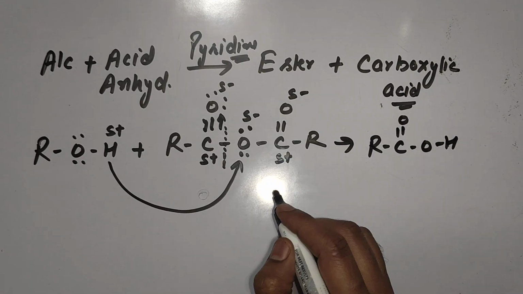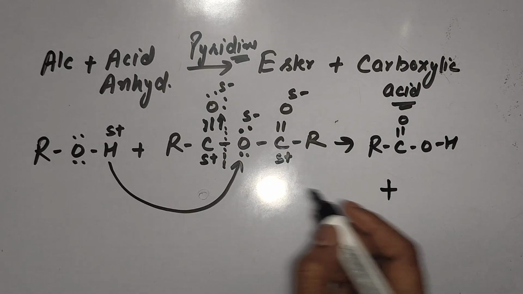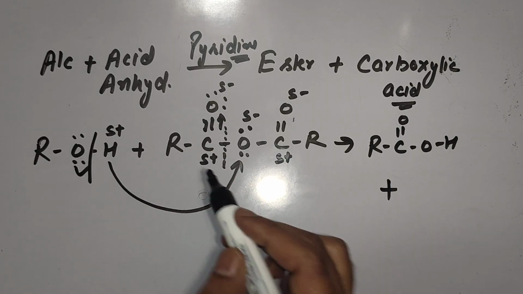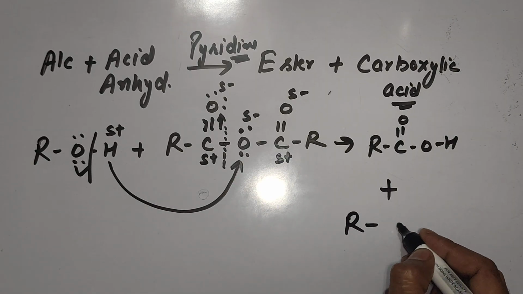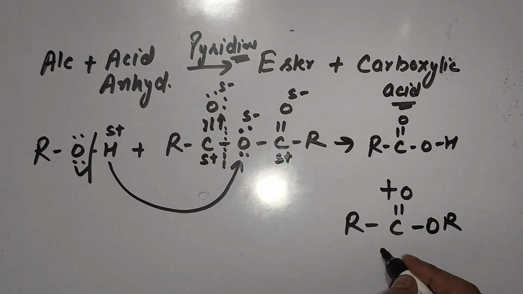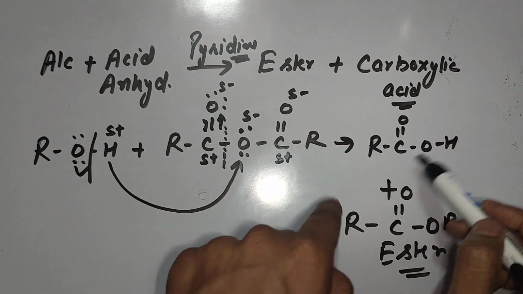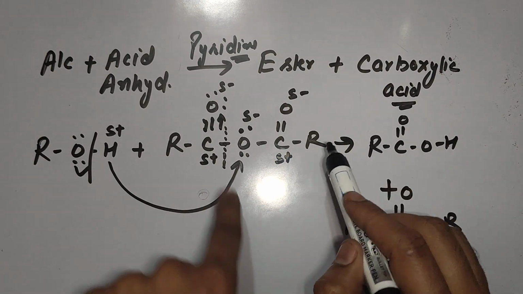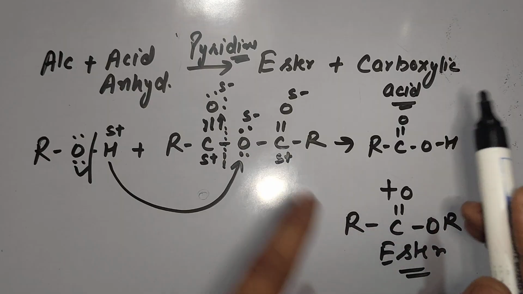Which compound is it? Carboxylic acid, the side product. Plus, this oxygen will break its bond from hydrogen and will combine with this C. So I'm going to join them, R, C, O, and OR, ester. This one. So carboxylic acid and ester will be generated. Carboxylic acid will be neutralized by pyridine, which is working as a base there.